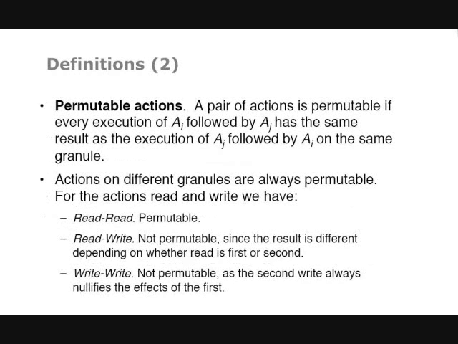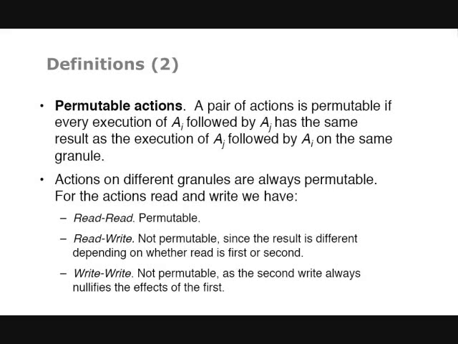And then, once we have defined an action, we have to think about what are permutable actions. So two actions are permutable if every execution of the first action, AI, followed by AJ, is going to give you the same results as the execution of AJ followed by AI. So that makes them permutable. It doesn't matter how I execute them, I get the same results.